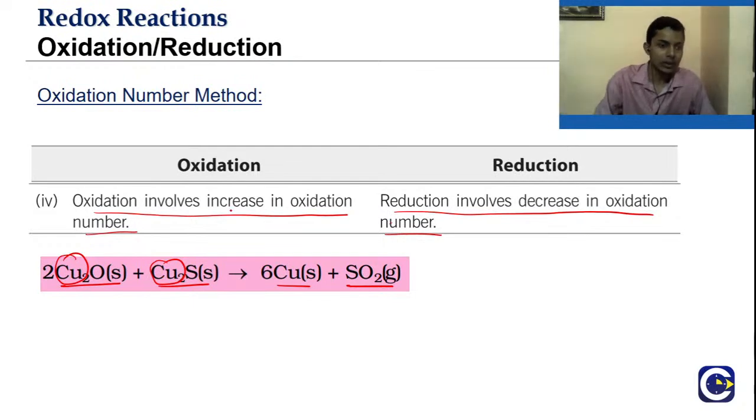I'll give you a hint. Sulfur comes below oxygen, so sulfur will also have oxidation number of -2 like oxygen. Sorry, it's cuprous oxide and cuprous sulfide.